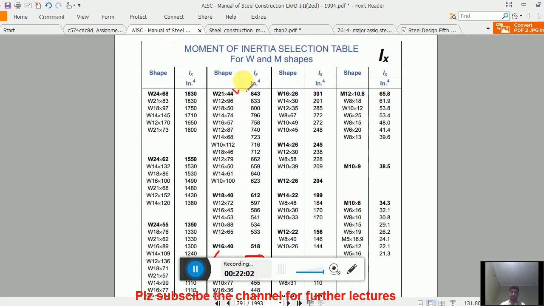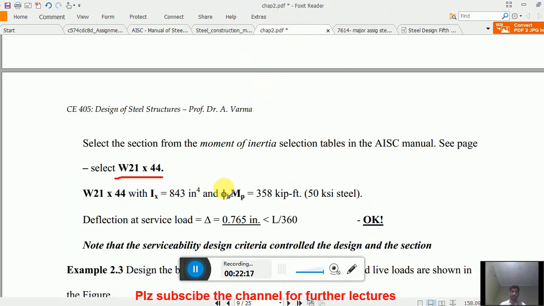Remember, this bold black words represent that these are the lightest sections. And you see IX is at 143. So that's why you see here 143, and its capacity is 358. From where does this figure come?